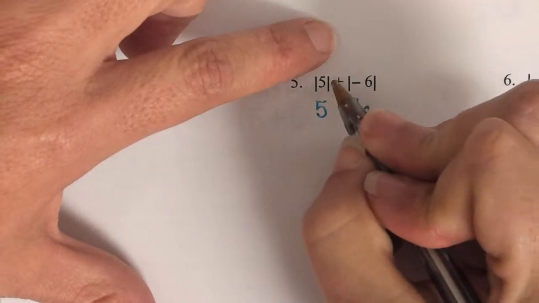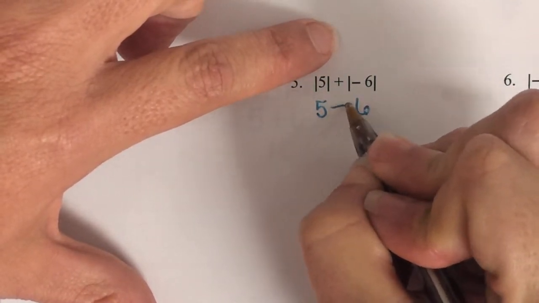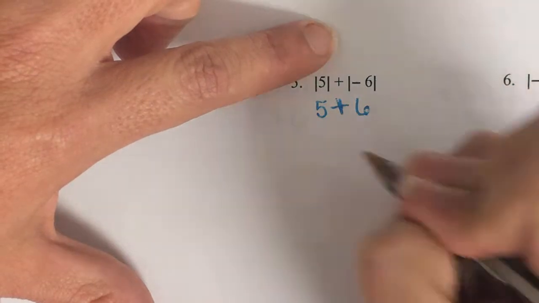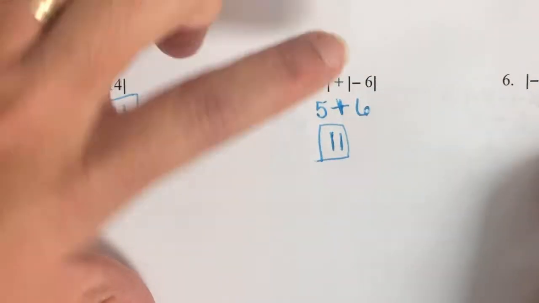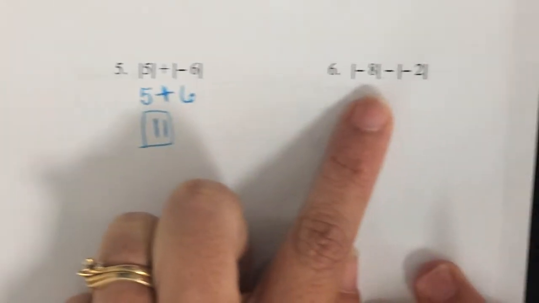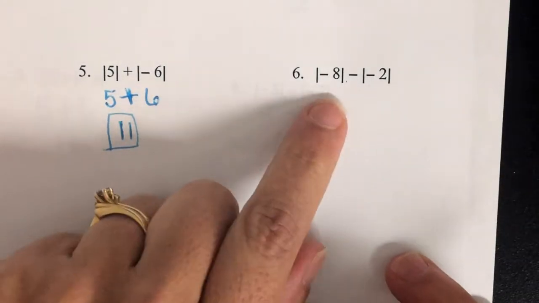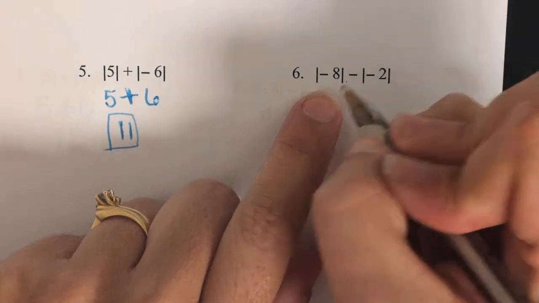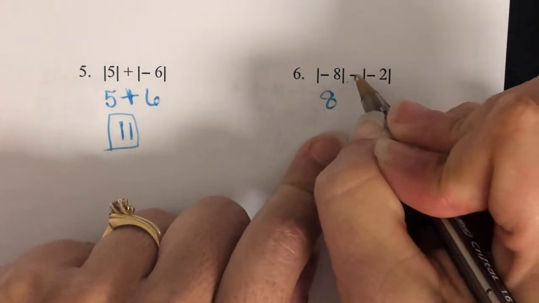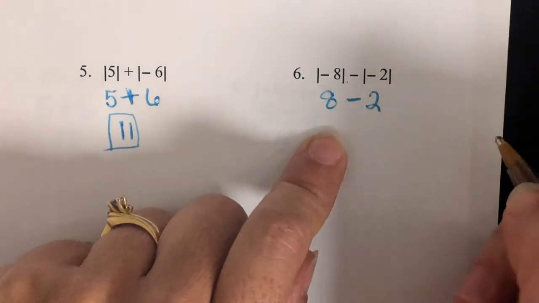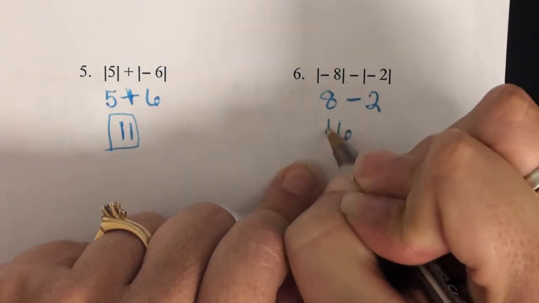And then always look what's between it, because it could be anything. So it is 11. Well, in a minute, I'm going to show you the tricky ones. Okay, look at 6. Okay, the absolute value of -8, 8. -2, 2. But this time bring down a minus sign. 6.